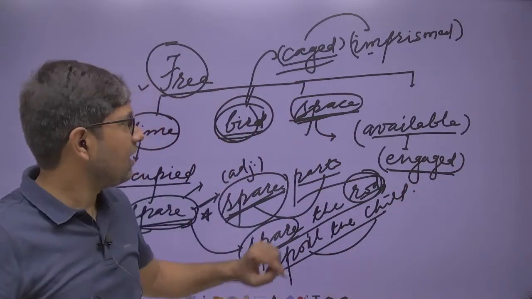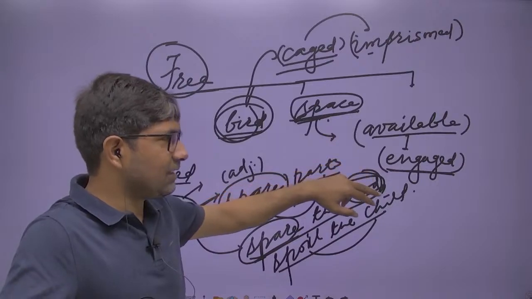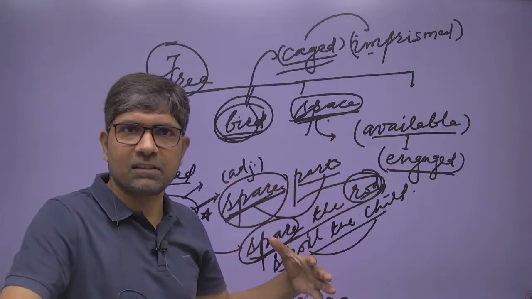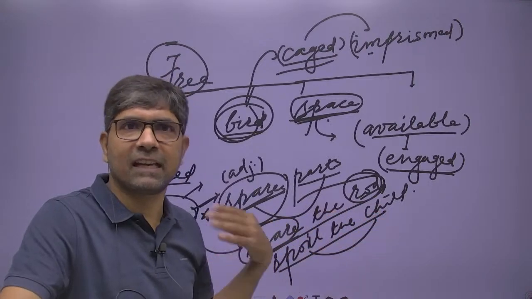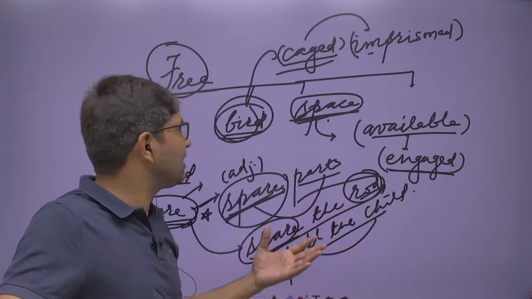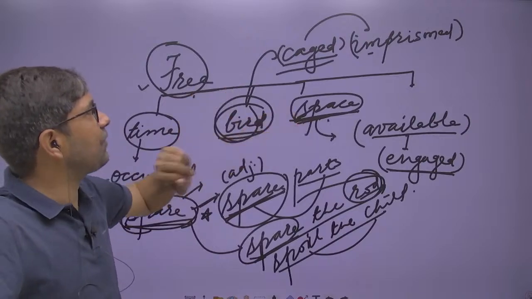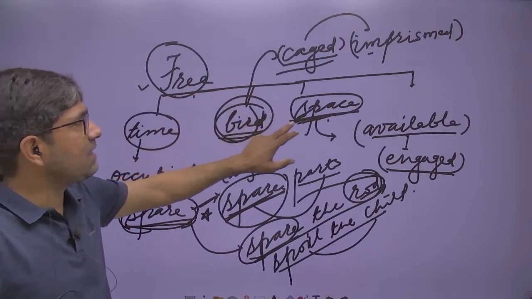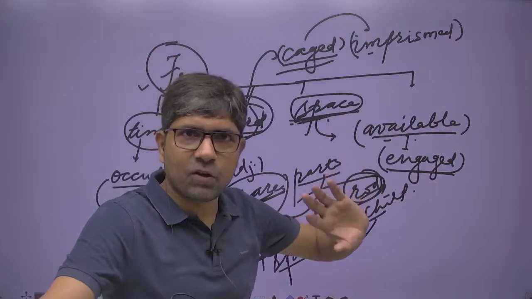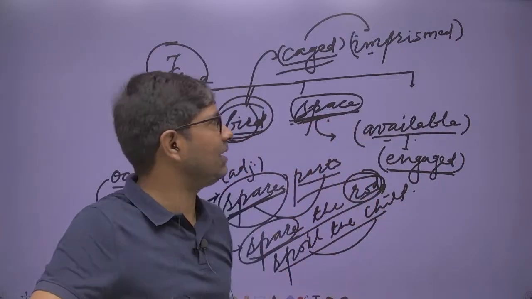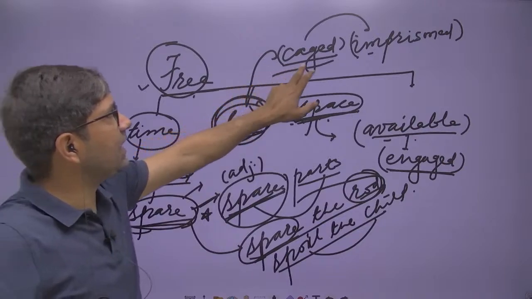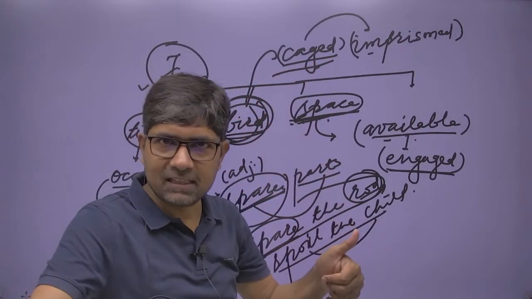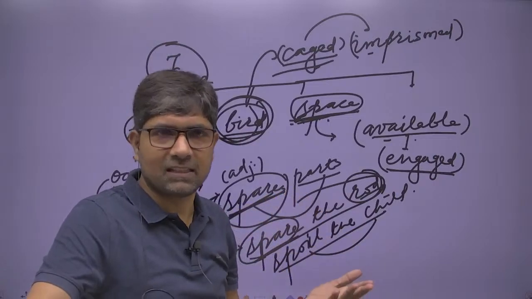So here are the differences, right? First, I am free means I am not committed to some task. I am not engaged in some activity. Space is free. It means this space is not occupied. It is available. If I say the bird is free, it means it is not caged. It is not imprisoned.